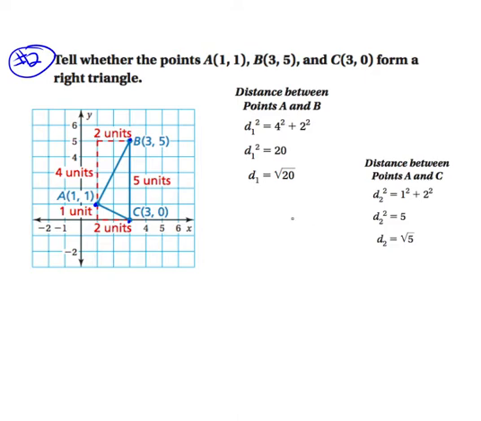So what we do is a little bit more complicated. Well, not complicated, it's multi-step is what it is. So we're looking at A, B, and C for those points.